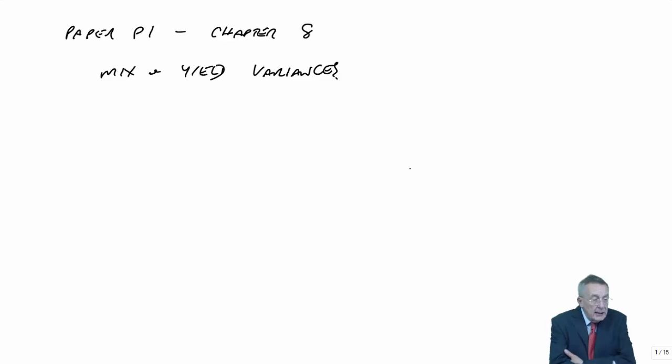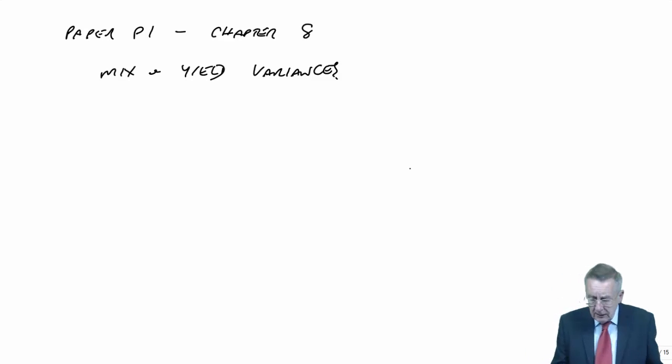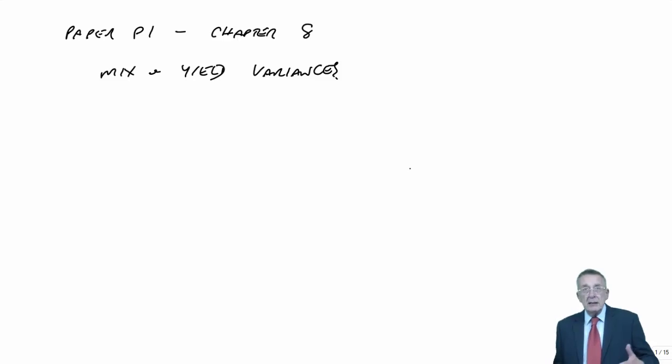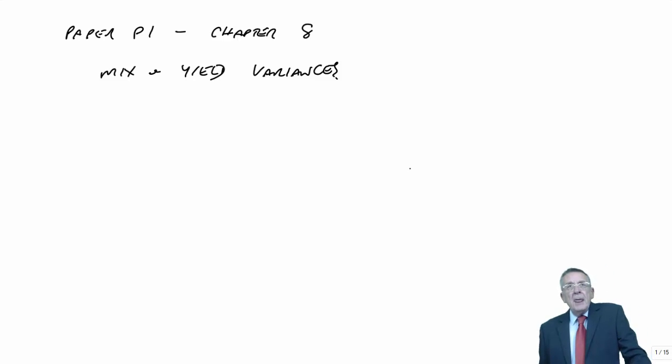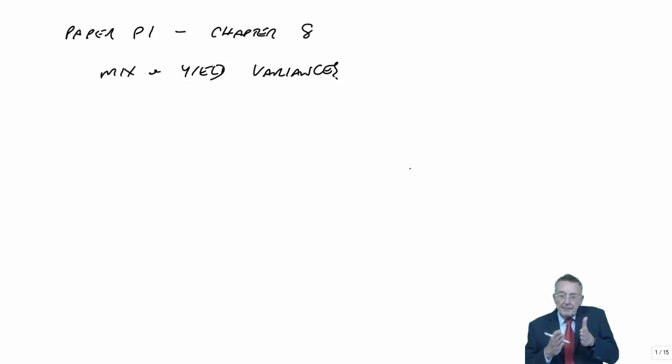Before we look at a proper example, just to explain what the problem is, let me write up a little picture. You don't need to take this down, it's just to try and explain where we're going. There's a rather nice fruit juice that I like, which is a mixture of juices. It's actually strawberry and banana, and they mix together.